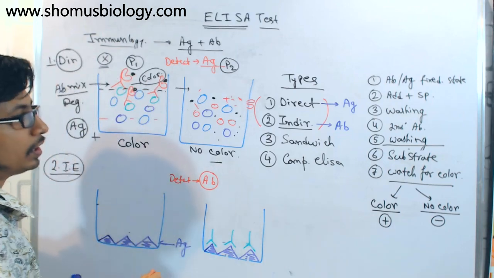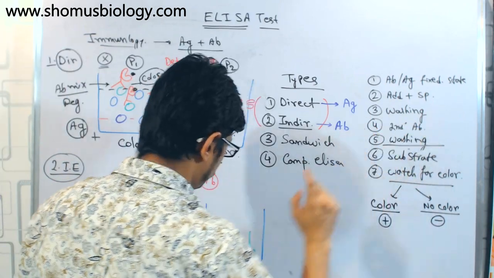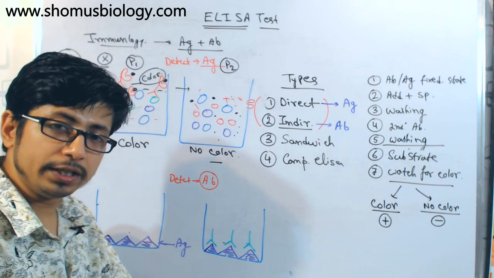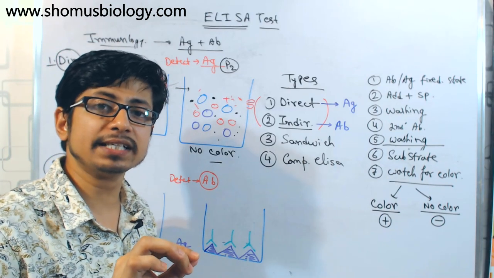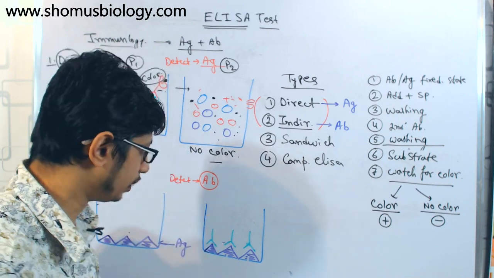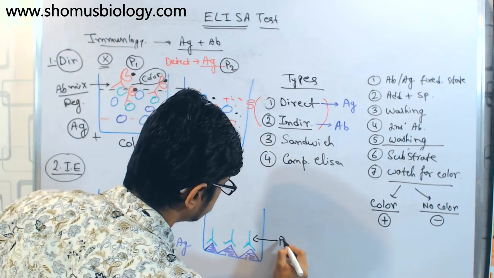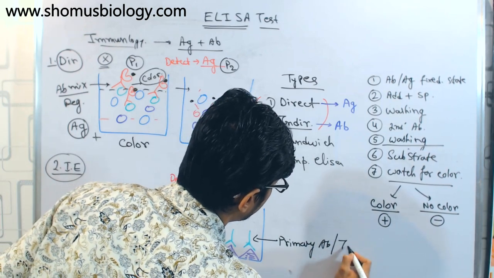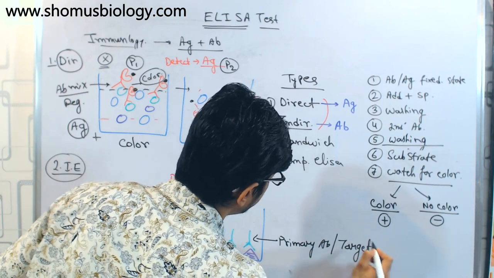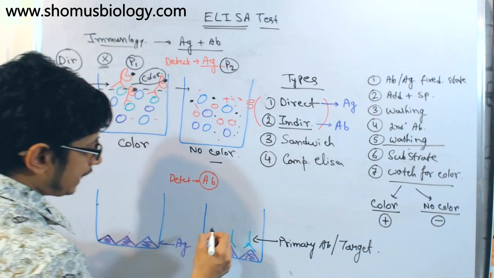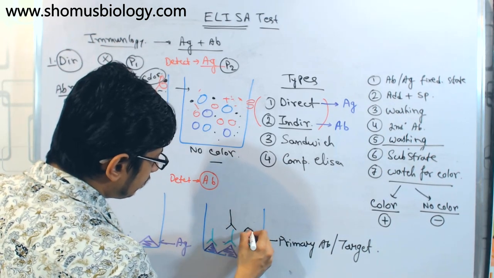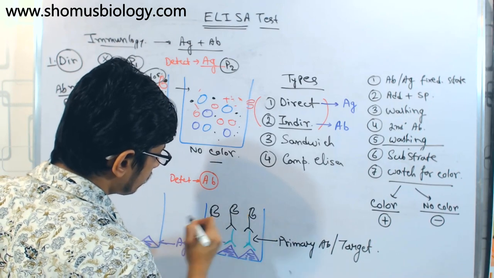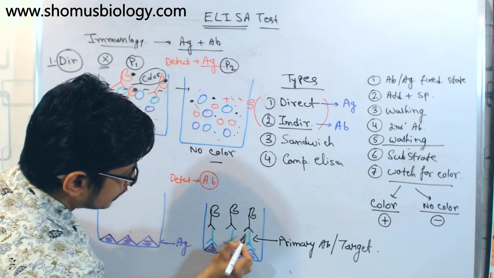Afterwards we are adding secondary antibody. What is a secondary antibody? A secondary antibody is an antibody which is targeted to bind against the Fc region of a primary antibody. The primary antibody is the target here, that's what we want to detect. The secondary antibody is the one which is enzyme linked, and it binds with the Fc region of the primary antibody.